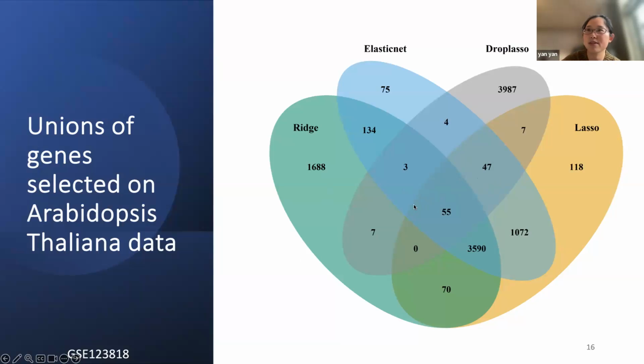Our purpose is to see that if we keep the union, we still keep most of the potentially contributing genes, and we also don't need to deal with the whole set of genes, which may total tens or hundreds of thousands. That's for this plant data set.